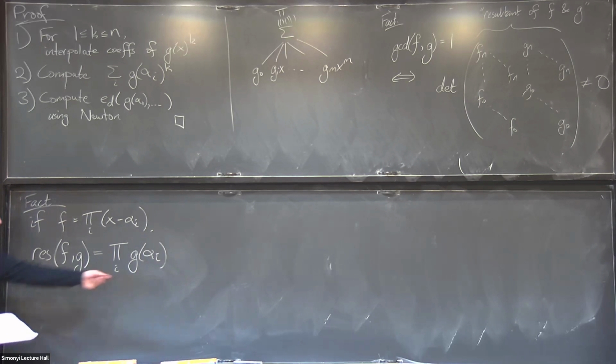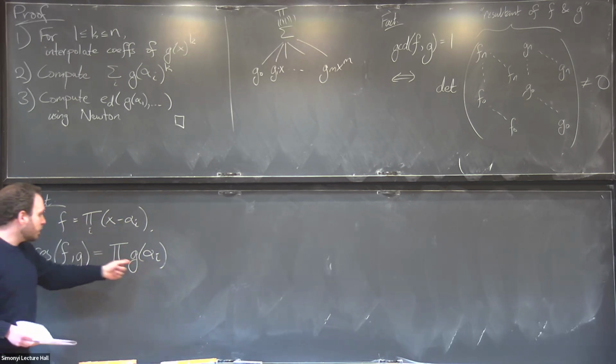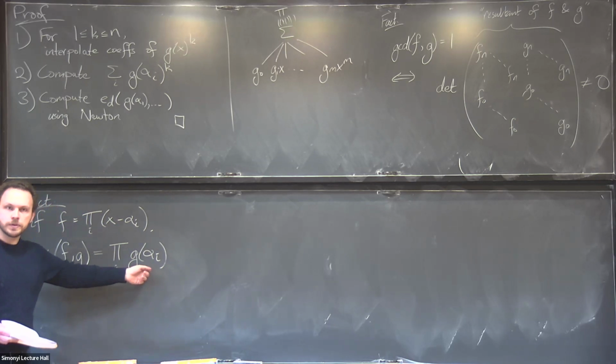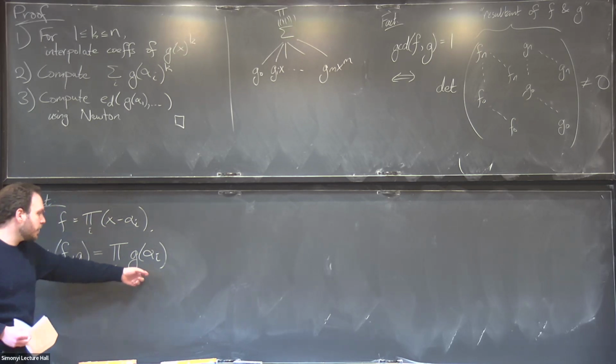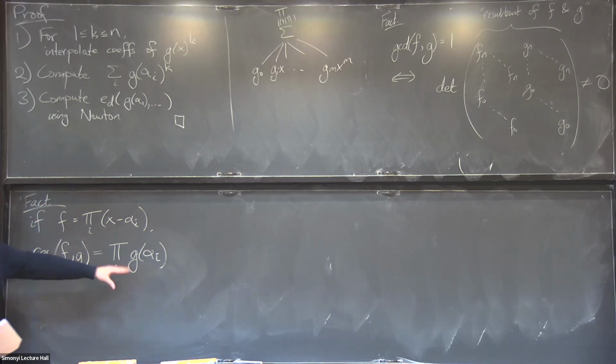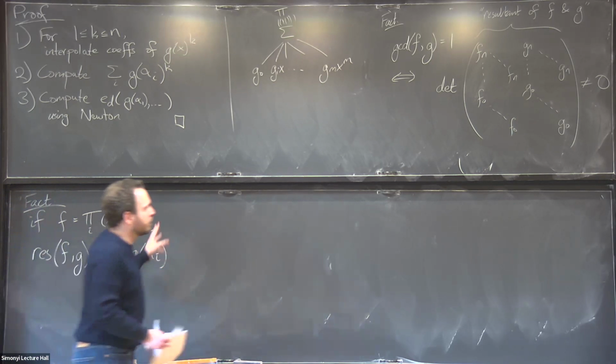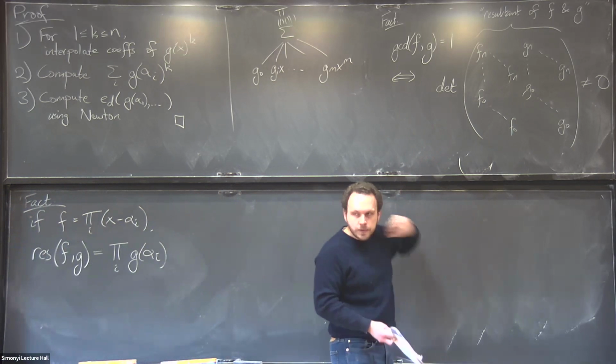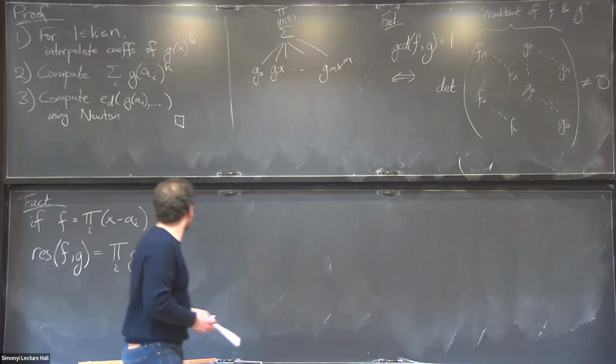And why should this tell you if the GCD is 1 or not? Well, you're really testing, do f and g have a common root? If g and f share a common root, one of the terms in this product is 0. And otherwise it'll be non-zero. So this should convince you that this is telling you something about whether g and f are co-prime or not, and it happens to be the determinant of this matrix.